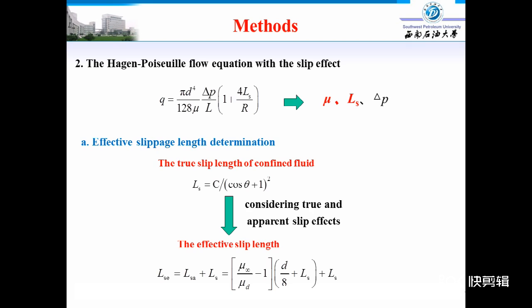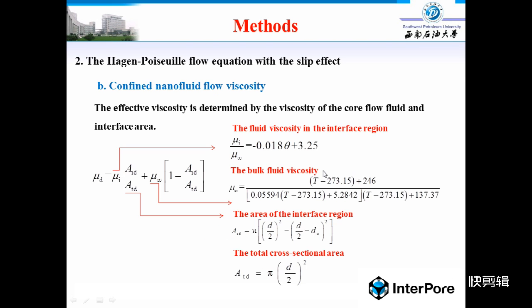So, the slip length Ls should be replaced by the effective slip length Lse, considering the true and apparent slip length Lsa. The effective viscosity μe is determined by the viscosity of the confined flow fluid and interface layer.